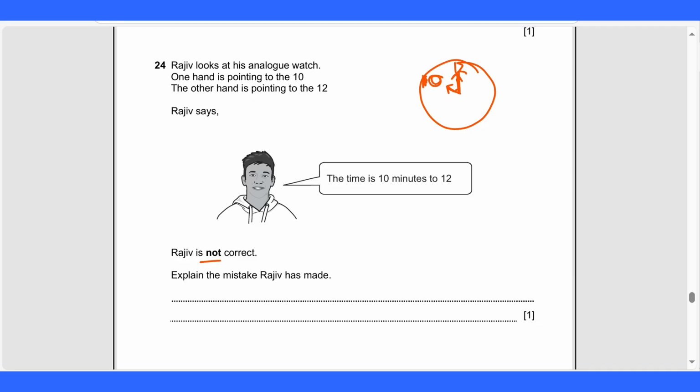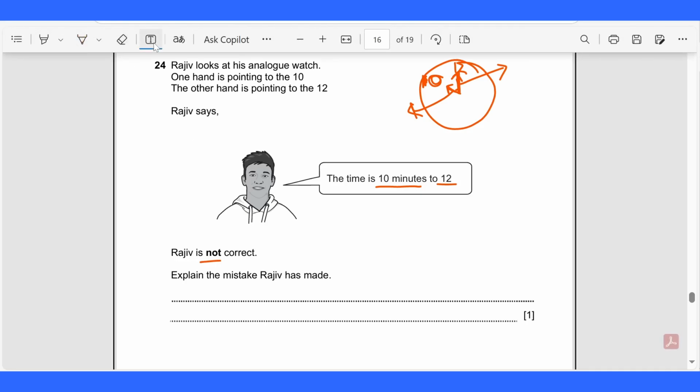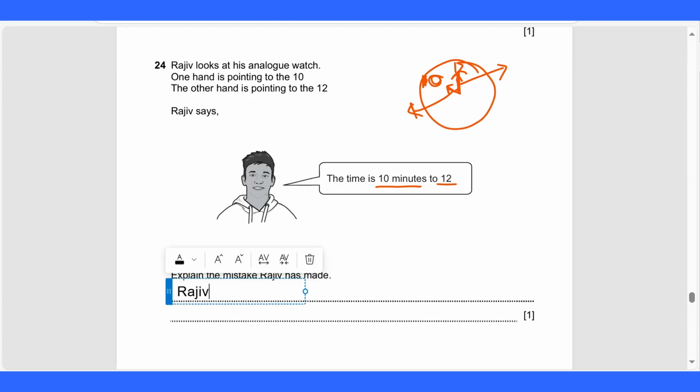Because Rajiv says it's 10 minutes to 12, Rajiv must have thought that the short hand is for the minutes and the long hand is for the hours. So we can write our answer here.